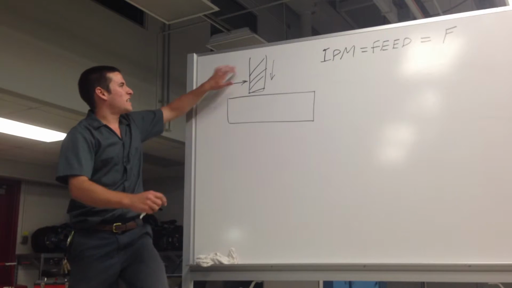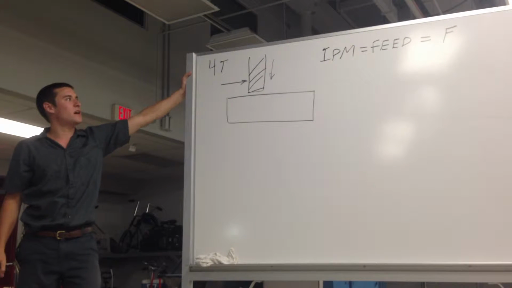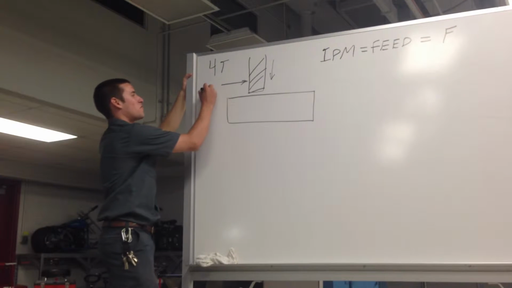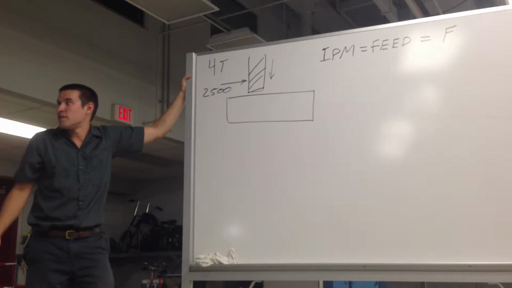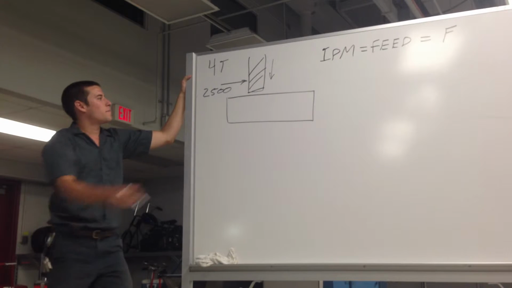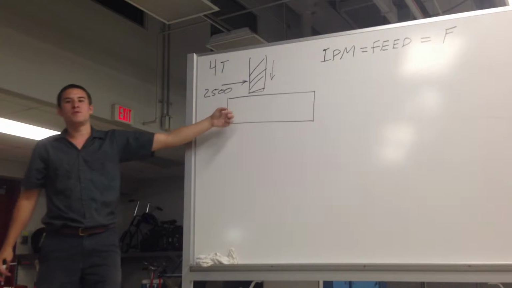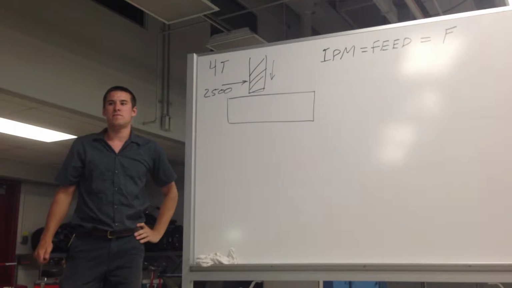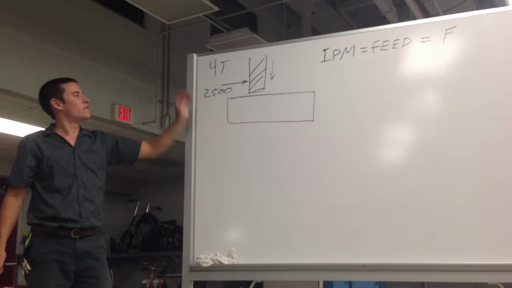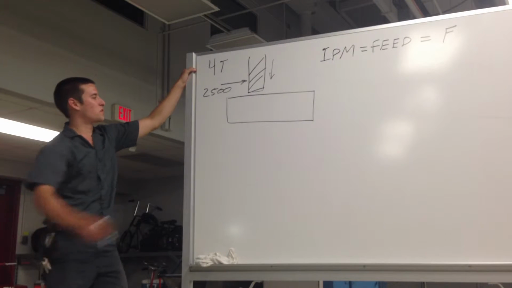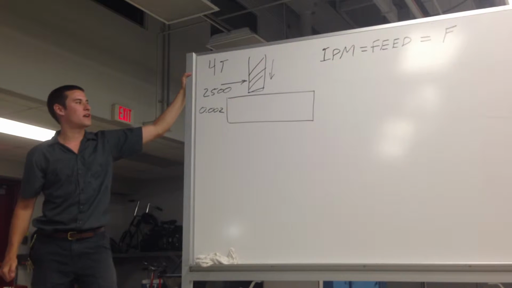Let's say this cutter's got 4 teeth, a 4-tooth cutter. We're spinning at 2,500 RPM. I don't know what the cutting speed is there, you could figure that out if you want. And the feed per tooth. What material do we want to cut here? Just throw it out. Steel. So we're cutting steel. Let's do a feed per tooth of .002.